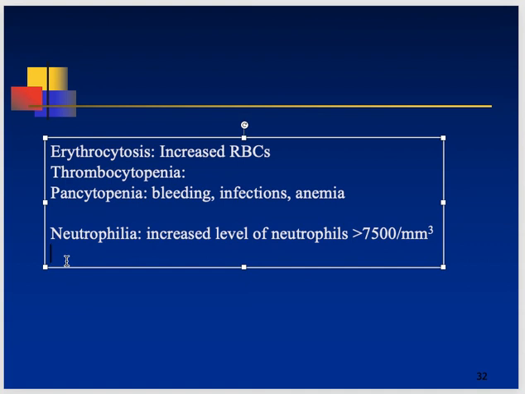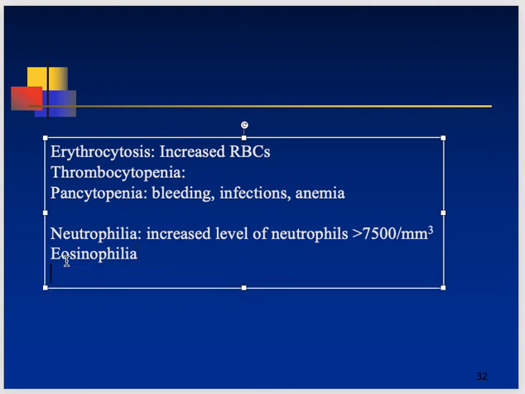Same thing with eosinophilia, which means increased eosinophil count, or basophilia. So when it comes to lymphocytes, it's lymphocytosis. When it comes to neutrophils, eosinophils, and basophils, it is neutrophilia, eosinophilia, as well as basophilia.